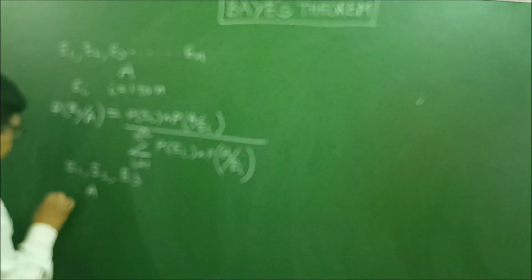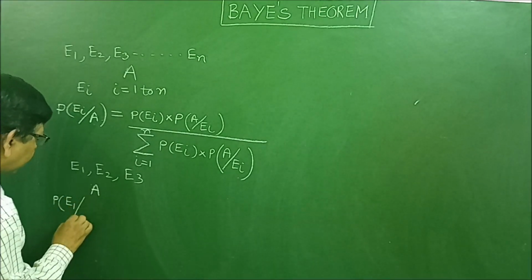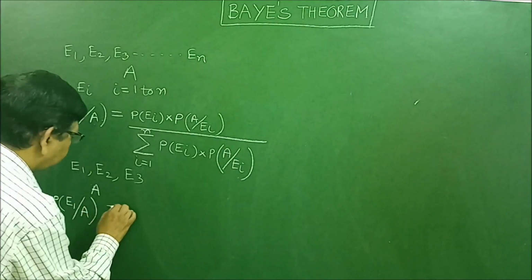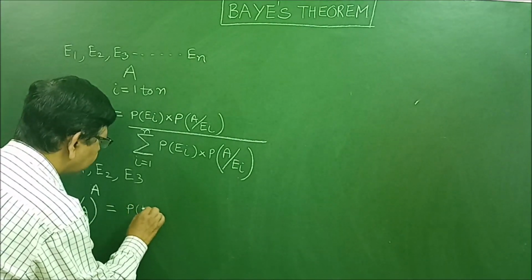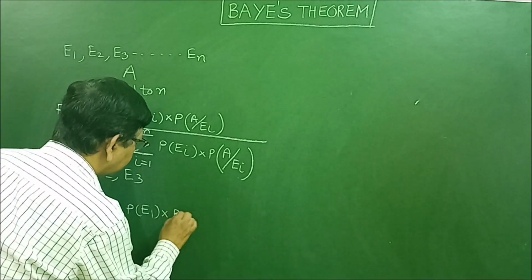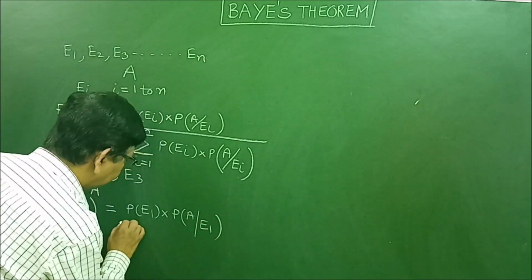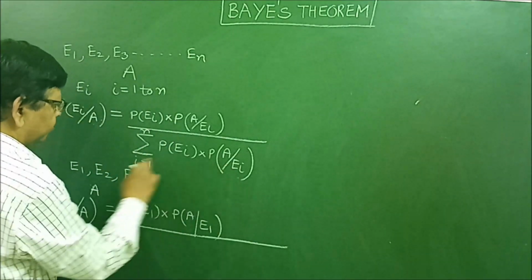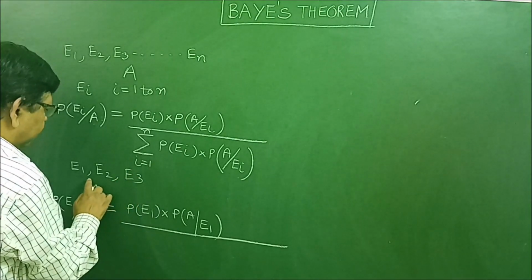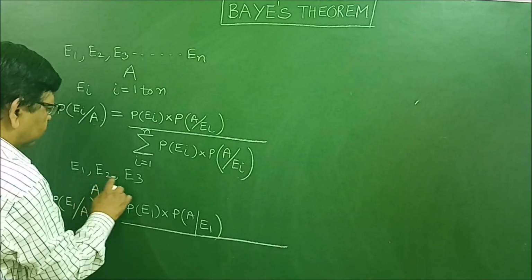Now we want to find the probability of E1 when A has already occurred, which is equal to probability of E1 into probability of A given E1 divided by this sum, and there are three events, so we will apply this with each one of the events E1, E2 and E3.